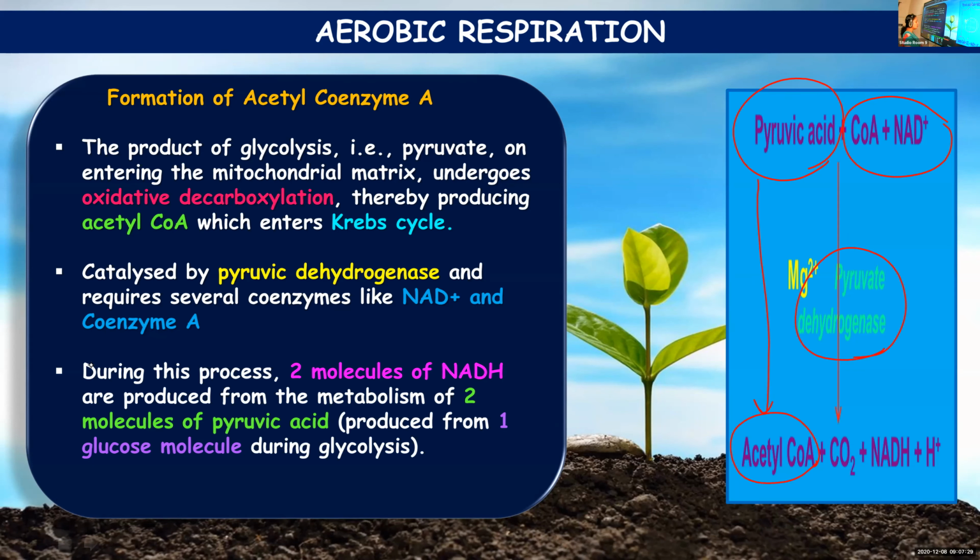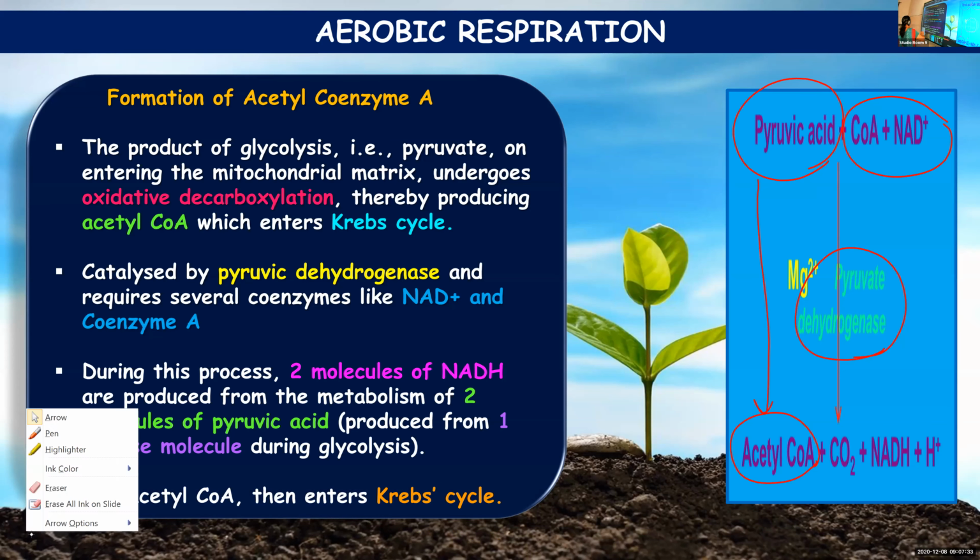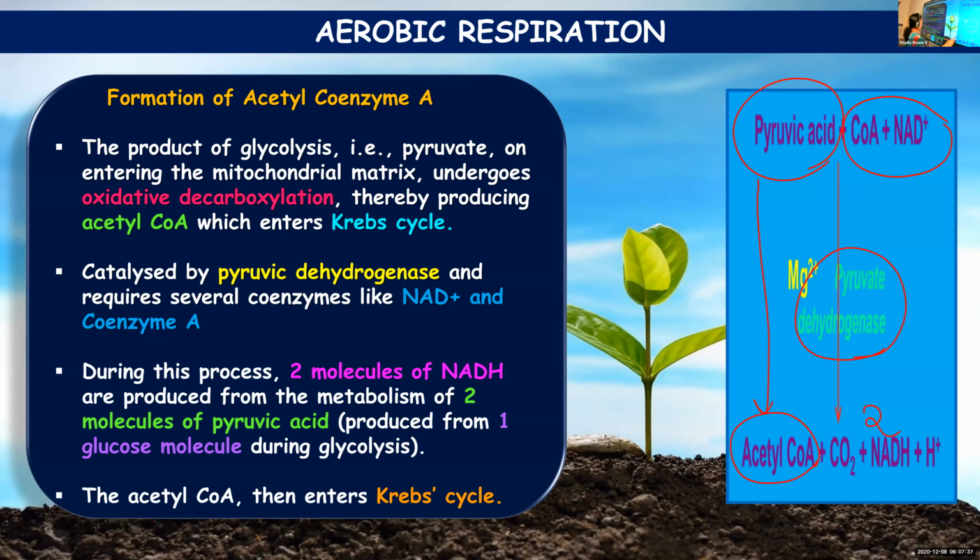So you get two molecules of NADH. This is for a single molecule, so everything you can multiply by 2. So 2 molecules of NADH are produced from the metabolism of 2 molecules of pyruvic acid, which are produced from one glucose molecule. Any confusion?